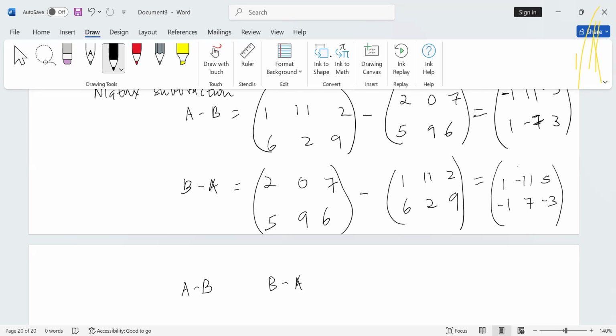That is one. Another one? Other than that, A minus B is not equal to B minus A. It is not equal.